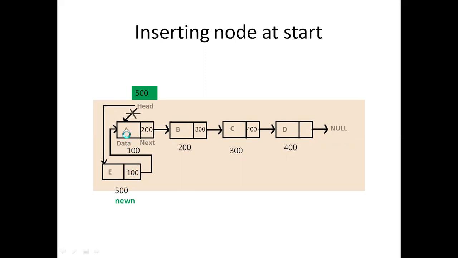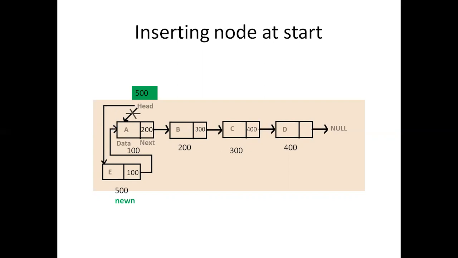Now assign 500 next to 100, forming the link between the 500 and 100 nodes. Now make 500 the head node. This is the way we can insert a node at the starting position.